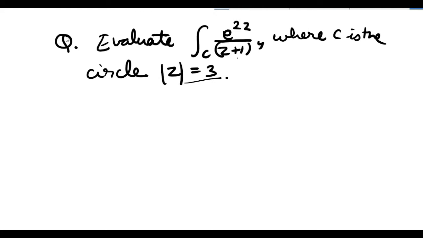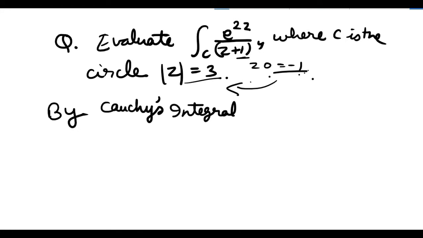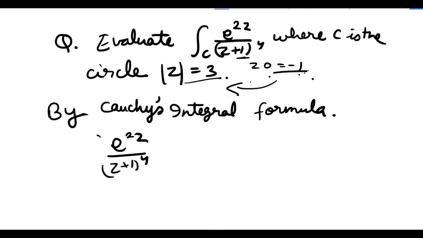Clearly in this case, z0 is minus 1 and this lies inside the circle |z| = 3. So by Cauchy integral formula, the integral of e^(2z) upon (z plus 1)^4 is equal to 2 pi i upon, here n plus 1 is equal to 4, so n is equal to 3.